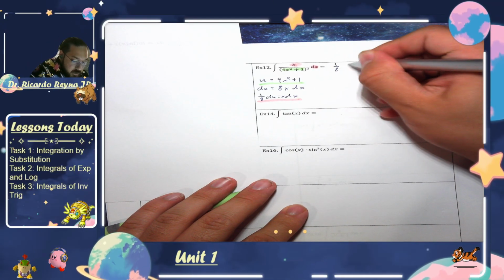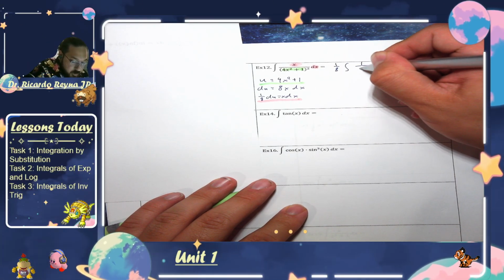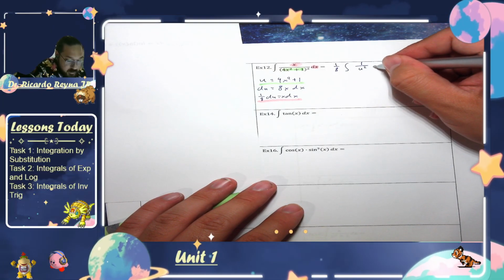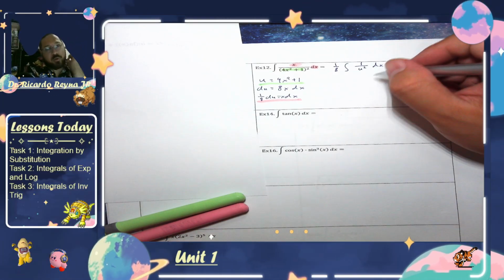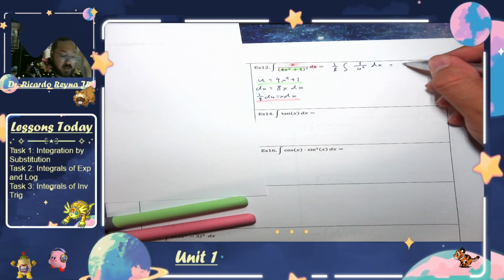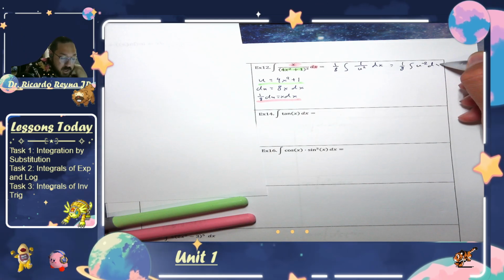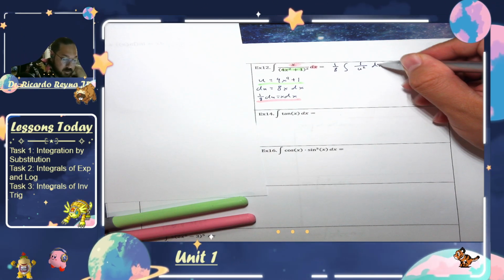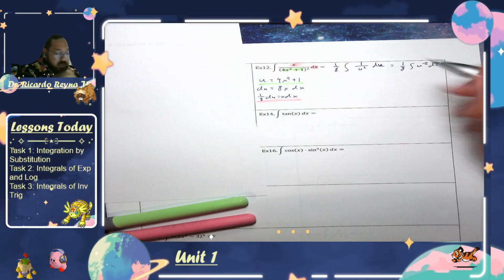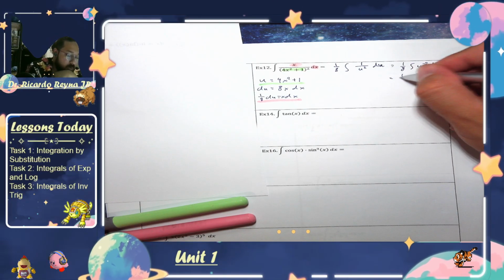1 over 8 integral 1 over u squared du. At this point, if you want to, you can rewrite that as a power, u negative 2 du, and that's just glorified usage of the power rule.